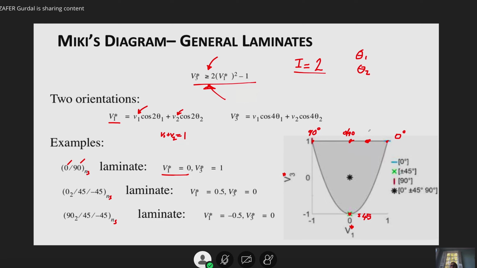Since these are normalized, the thickness is immaterial. Thickness is completely out of the picture in this diagram. So this is actually 3 zeros and 1 90. If you have 3 90s, then you will have 0 and 90 sub 3 here for the laminate.